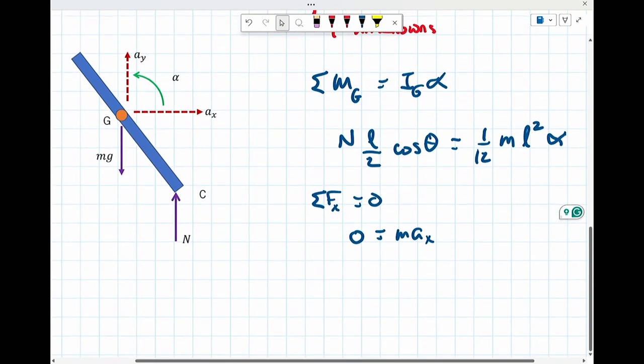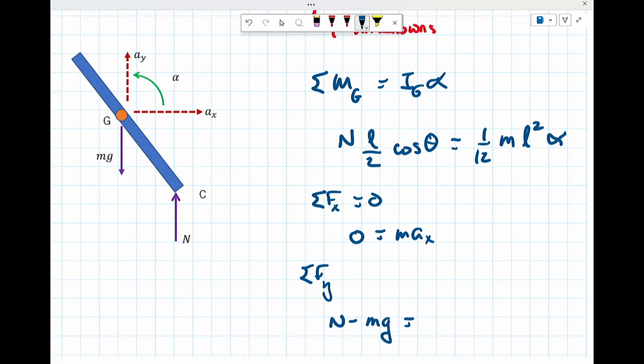Not maybe the most satisfying answer, but an answer. You can't put forces in that don't exist. So sum of forces in Y, on the other hand, I've got normal minus mg, normal minus weight, and everything works out great. I have mass times acceleration of y. Okay, there we go.